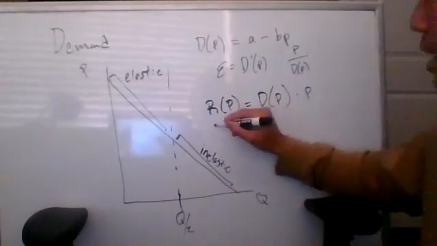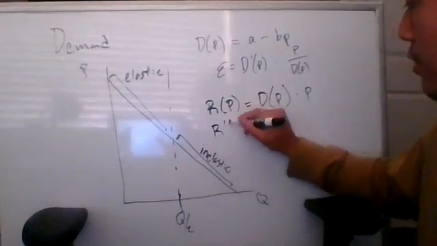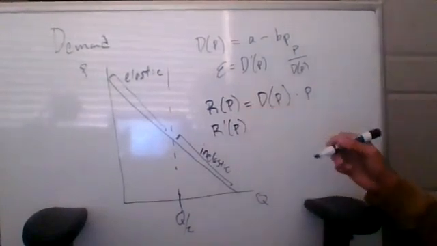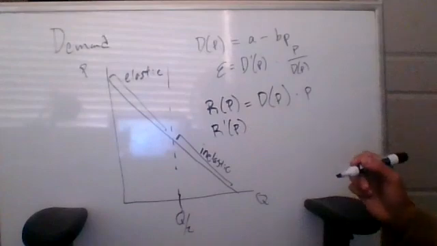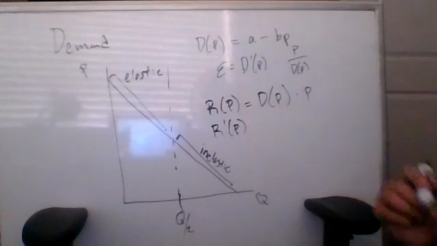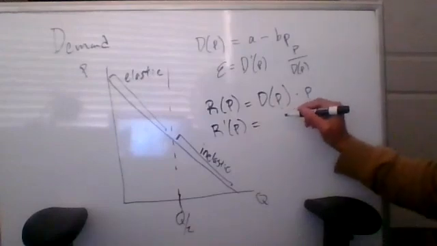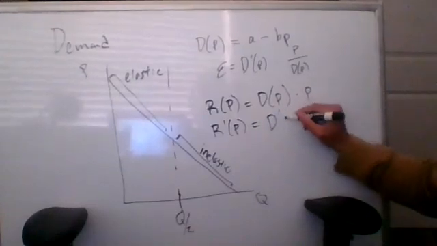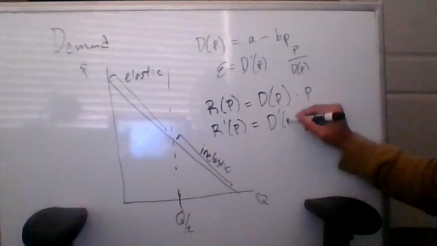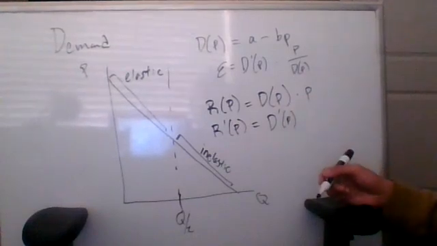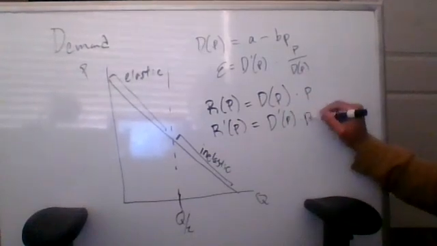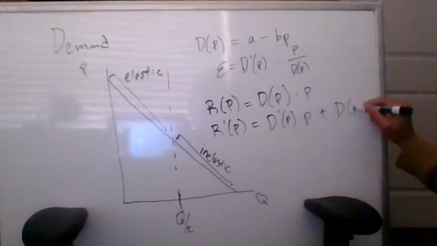So when we take the derivative of revenue with respect to price, by the chain rule, we're going to get d prime of P times P plus d of P, right?